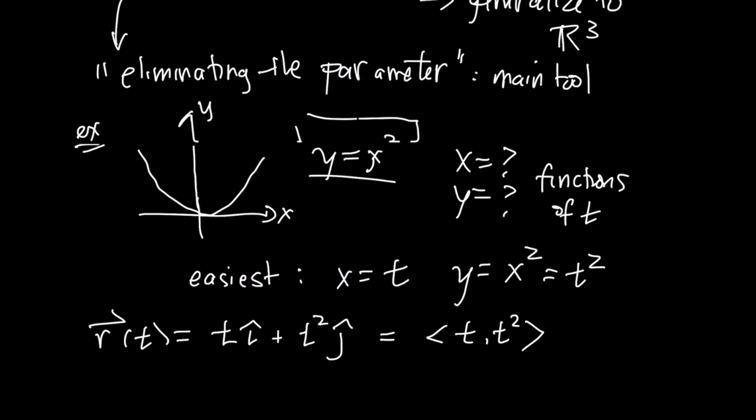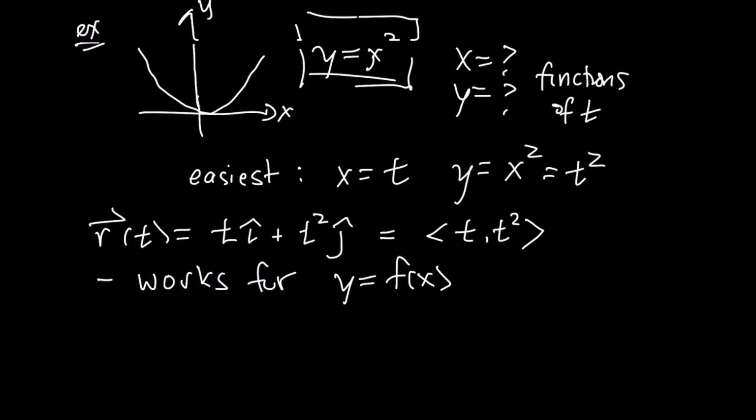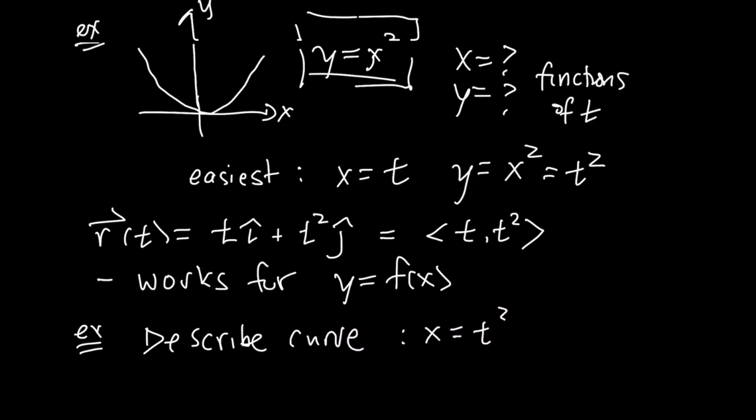Now, this idea works for y is some function of x. When it's written like that, it's very, very simple. So, for example, if somebody told me that x was t cubed and y was t squared, I would like to know what this curve looks like. So we're reversing the problem here.